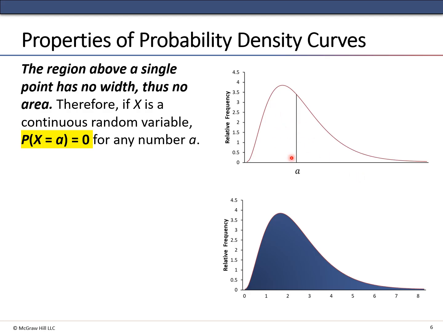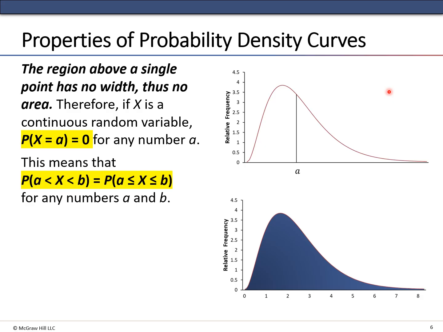So what this is leading to is that we can't use the probability density curves to find a probability for one specific value. If x is a continuous random variable, the probability that x equals one specific value will always equal 0. Again, this is more of a mathematical concept about one point in space or time or whatnot.